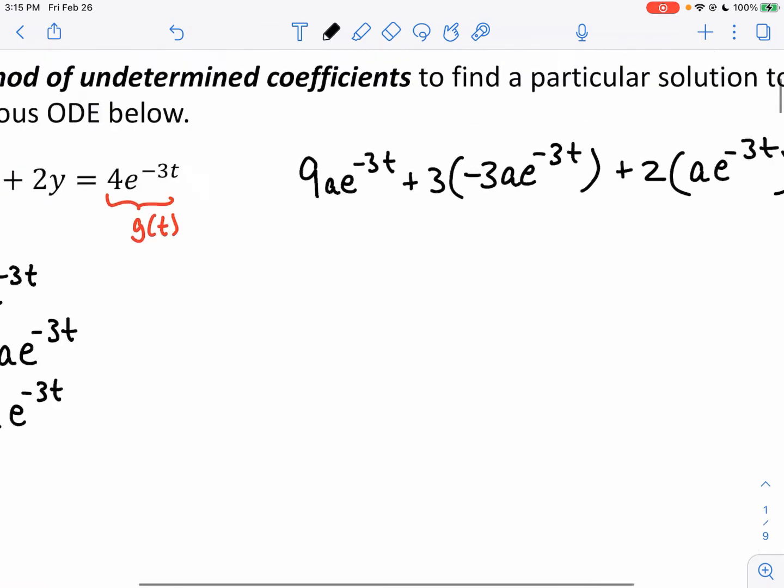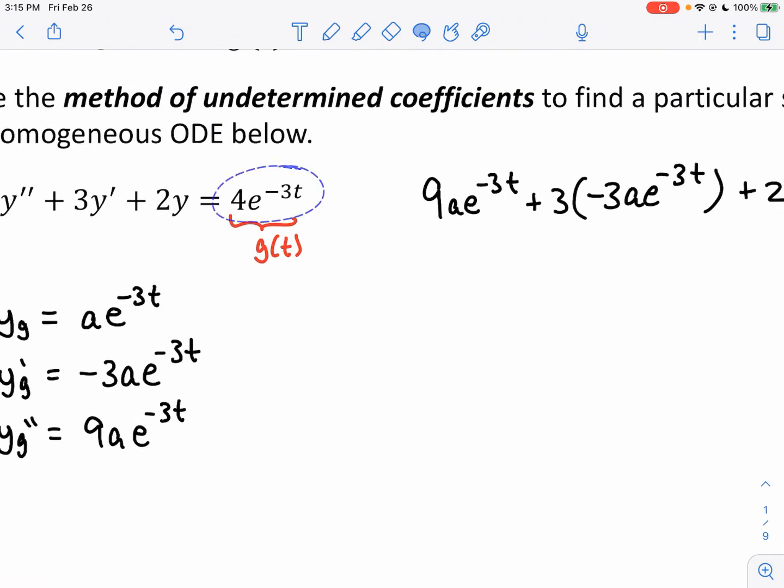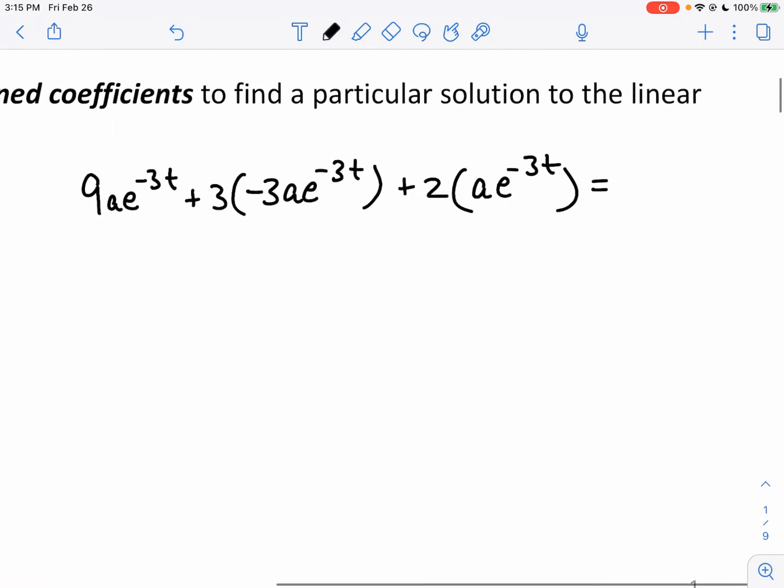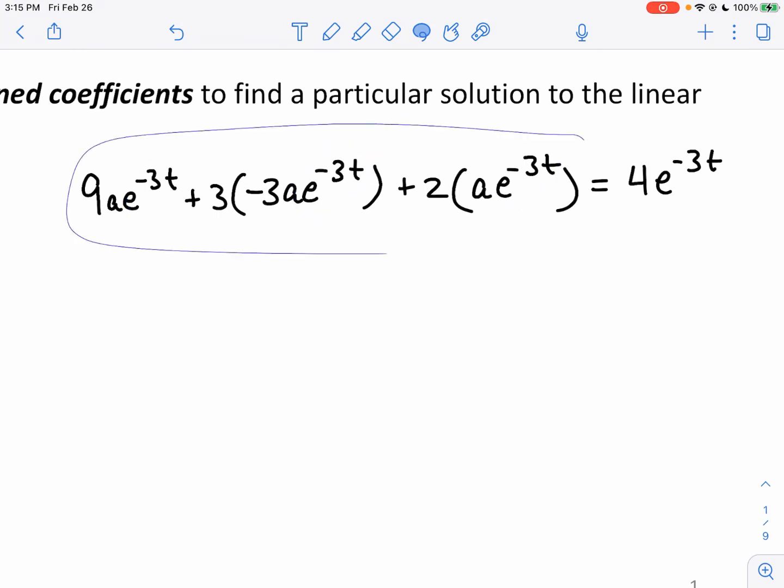And all of this should be equal to, in the end, 4 e to the negative 3t. Because the derivatives all involved e to the negative 3t, it's possible that this side will collapse and just become this side. We just have to figure out what a has to be to make that happen.